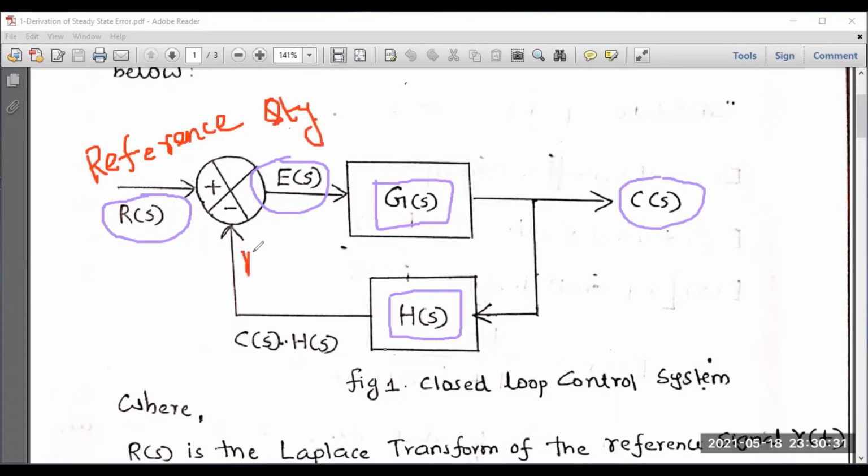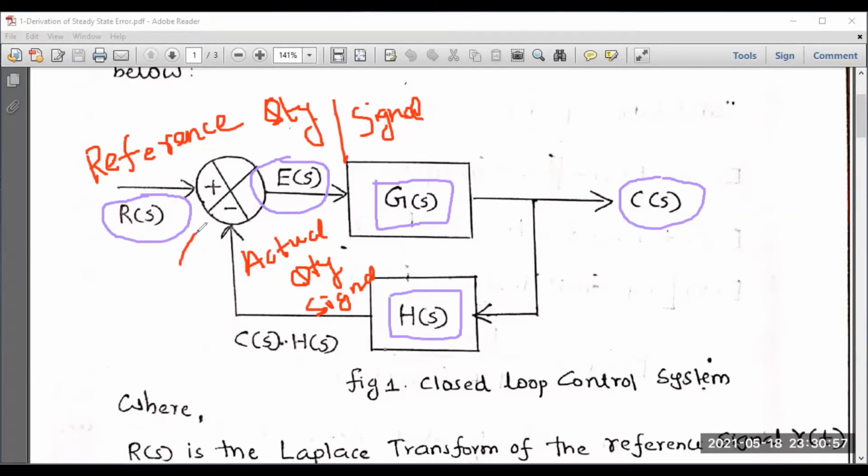And this will be the actual quantity or actual signal. E of S is the error signal, that is the difference between the reference quantity and the actual quantity, or the reference signal and the actual signal.